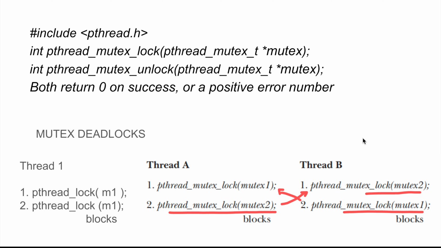When threads are locking the same mutexes, they should always lock them in the same order. This situation can easily be avoided if we have a hierarchy where we define that mutex 1 has to be locked and then only mutex 2 can be locked.